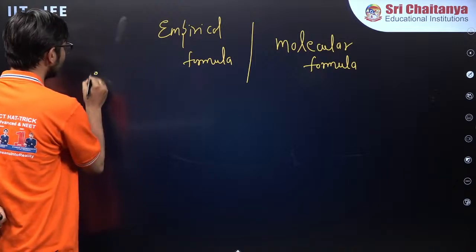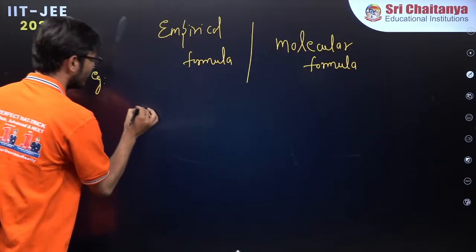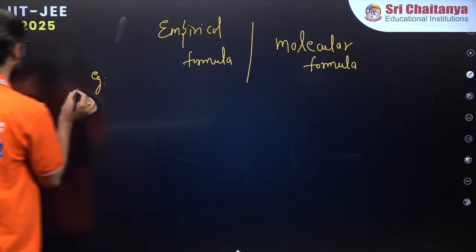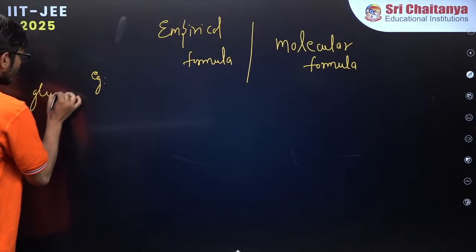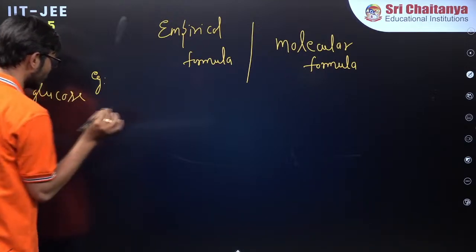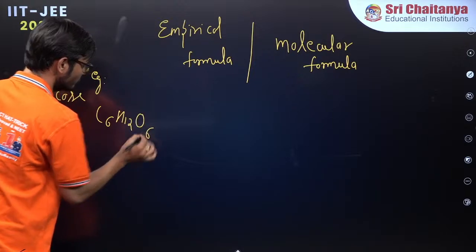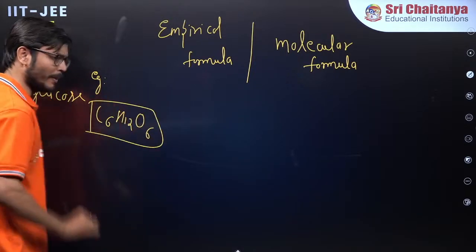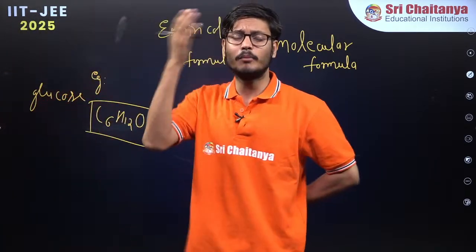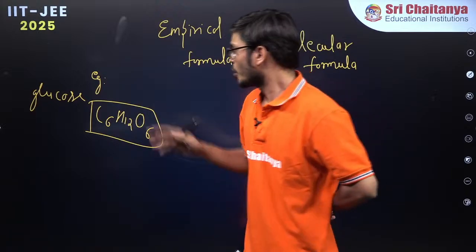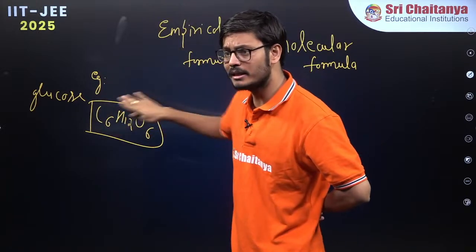Let us say I'm taking the example of glucose. I'll write over here glucose. So if you remember, the formula of glucose is C6H12O6. Now remember, in nature, glucose is found in this number only.